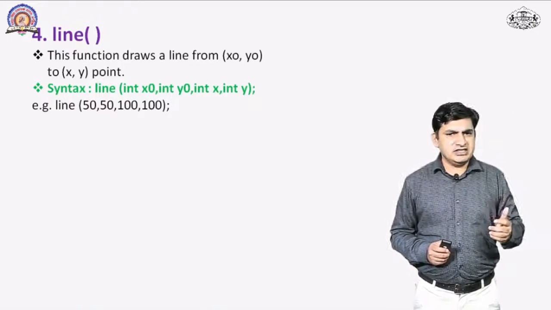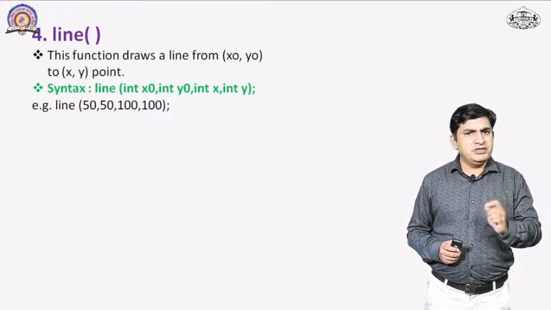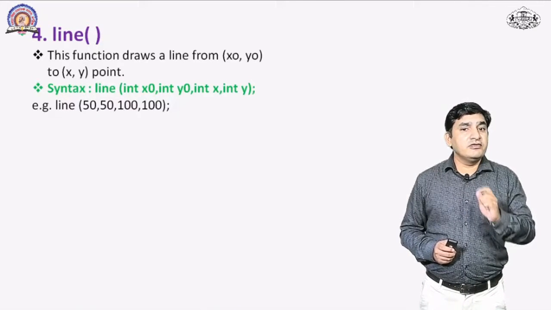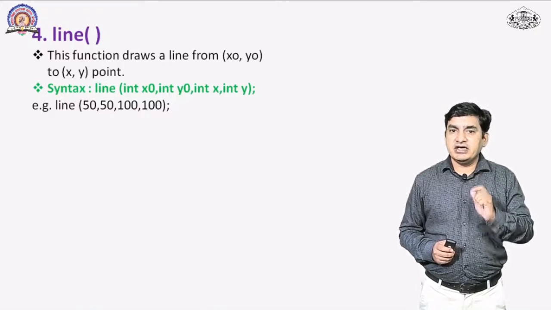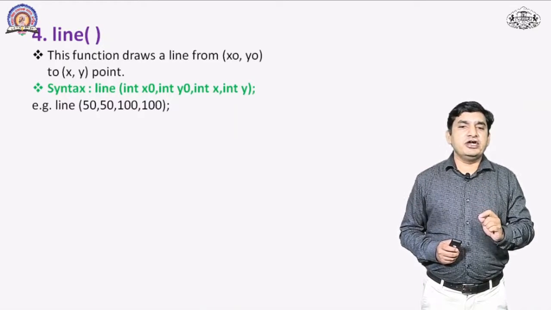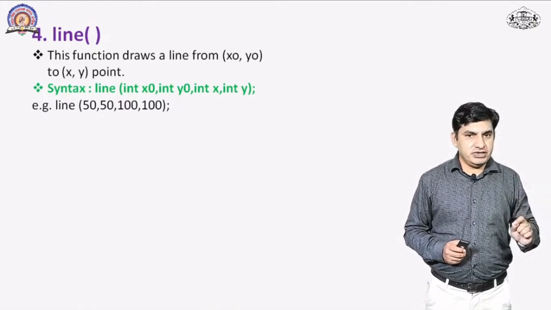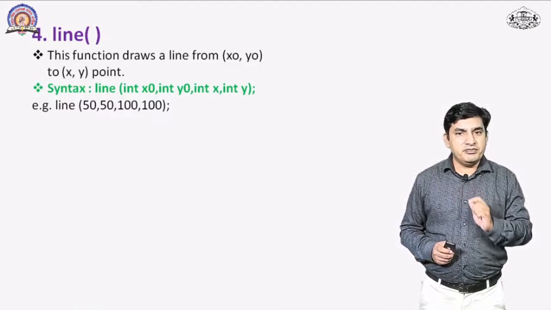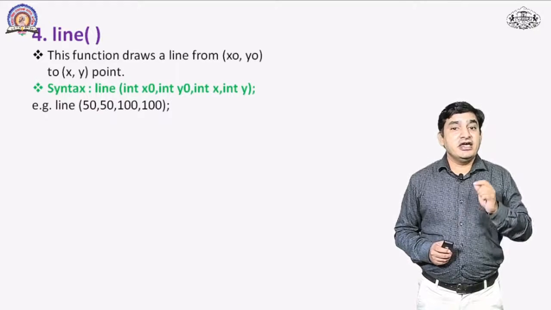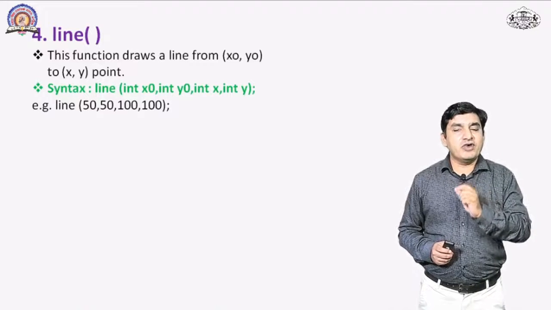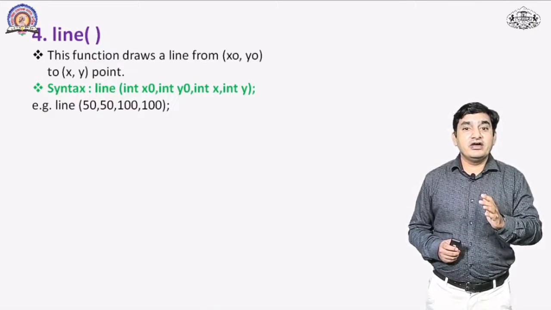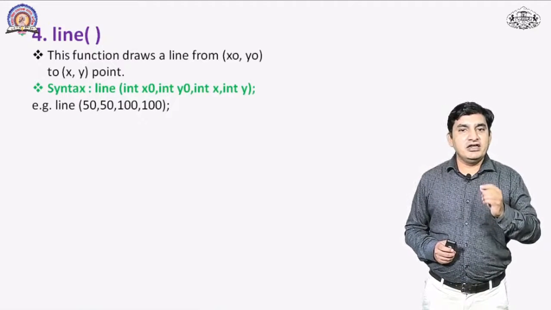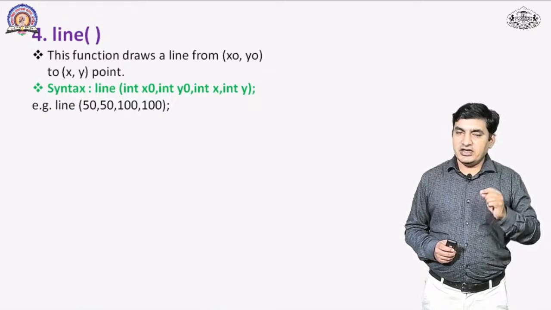Here the example is line(50, 50, 100, 100). 50, 50 represent the x coordinate and y coordinate of the starting point. Then 100, 100 represent the x coordinate and y coordinate of the end, or final point, of the line.